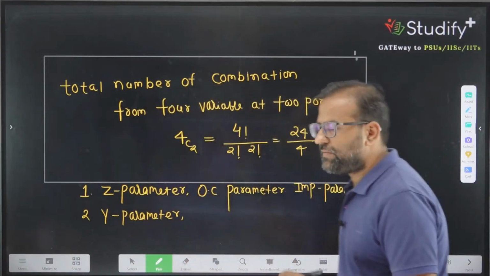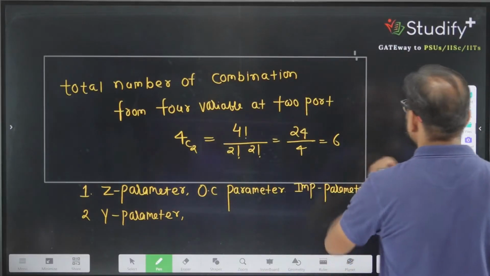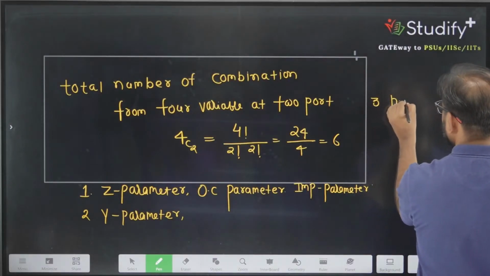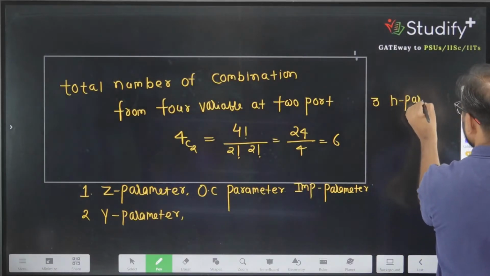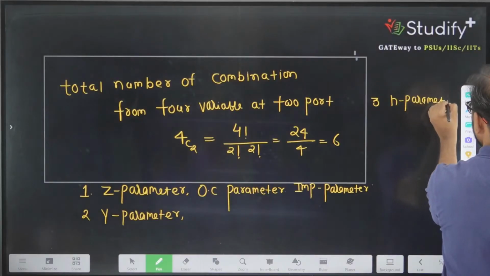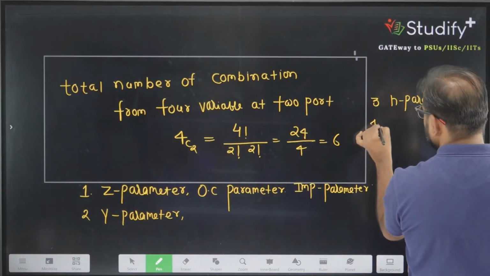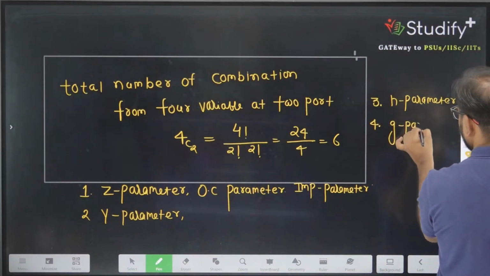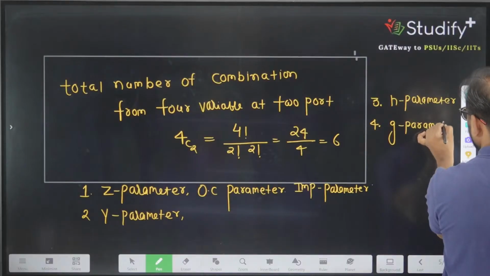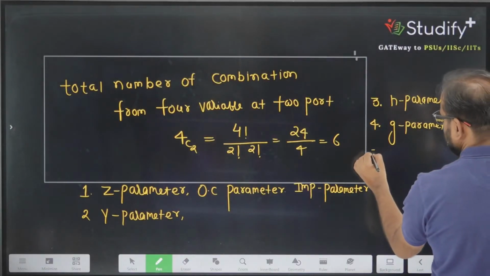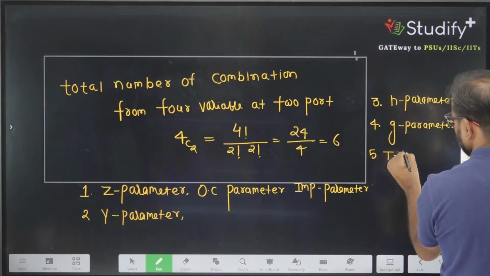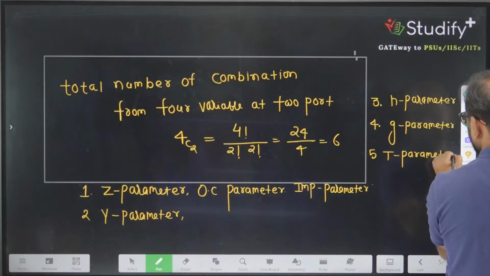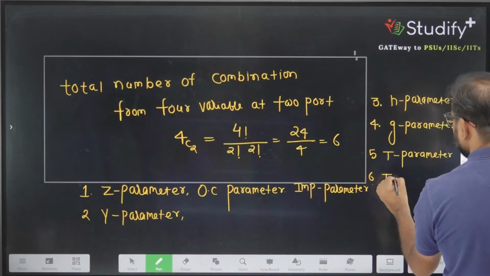Then next parameter we will learn after Y parameter we are having H parameter. Fourth parameter is G parameter. Fifth parameter is T parameter. And sixth parameter is inverse T parameter.